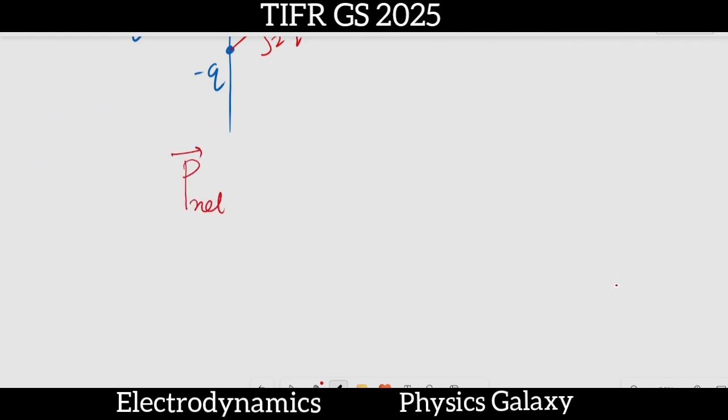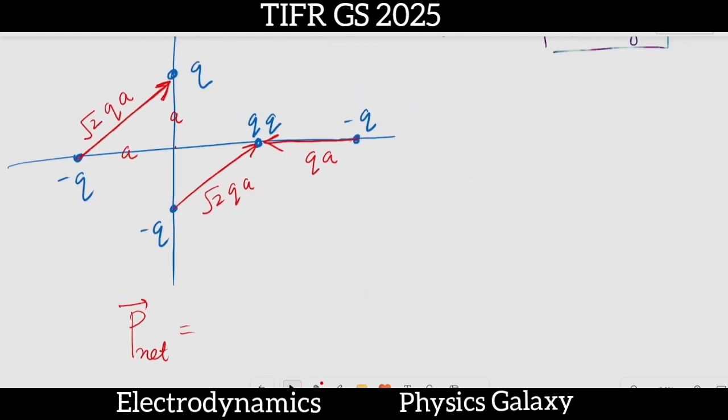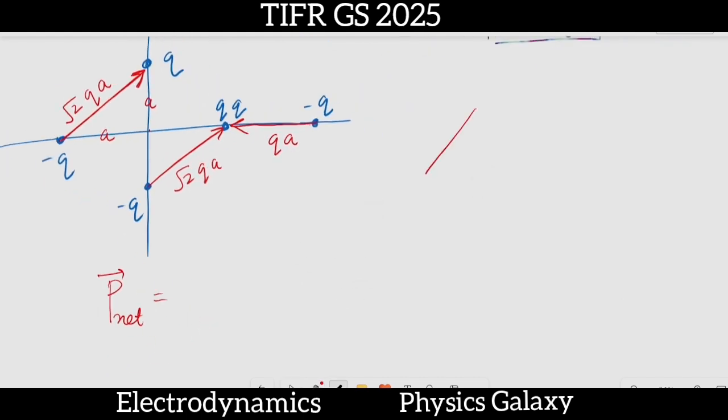We have two dipoles in this direction, one dipole in the same direction, and one dipole in this direction. Let's calculate first the x component only, then I will calculate the y component.